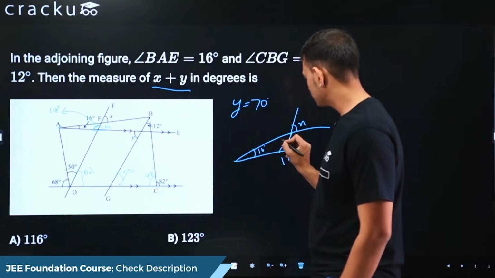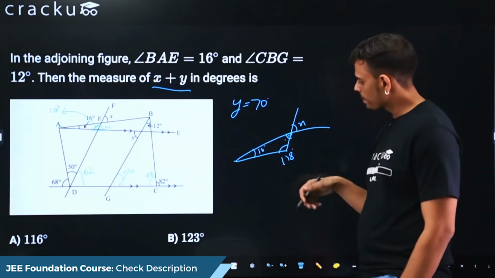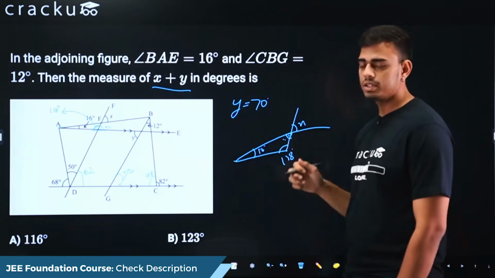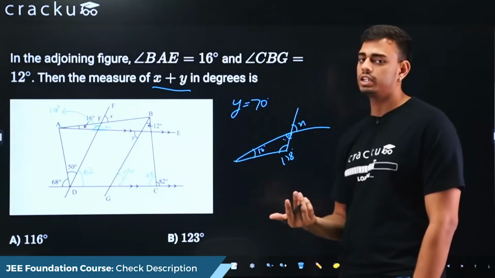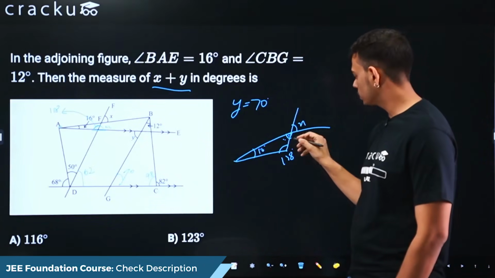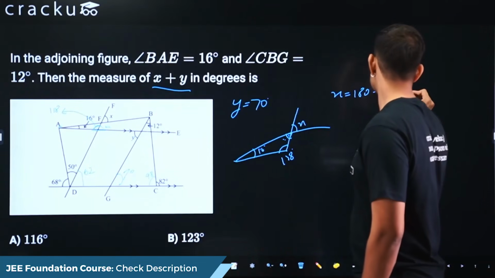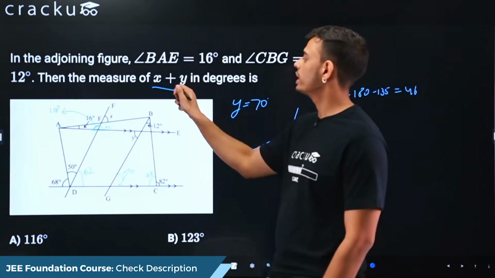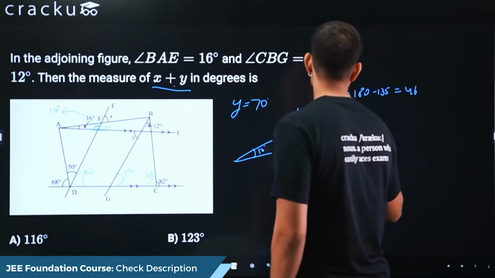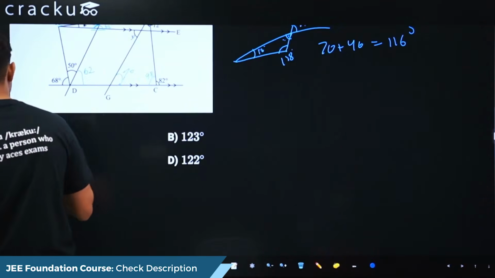The sum of these two angles is 134, and the third angle can be easily calculated by subtracting the sum from 180 degrees. So x comes out to be 180 minus 134, which is 46 degrees. We need to find the sum of x and y. So x plus y is 70 plus 46, which is 116 degrees. So the correct answer will be option A.